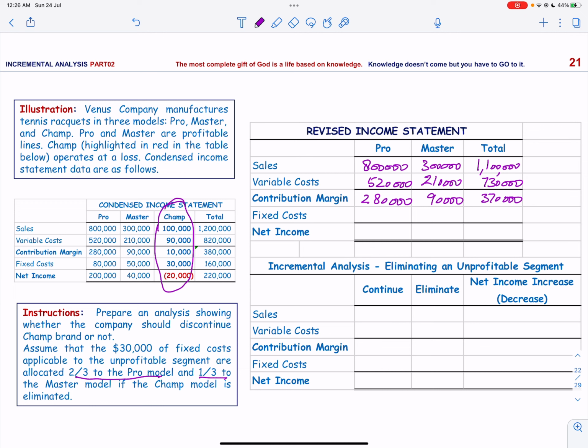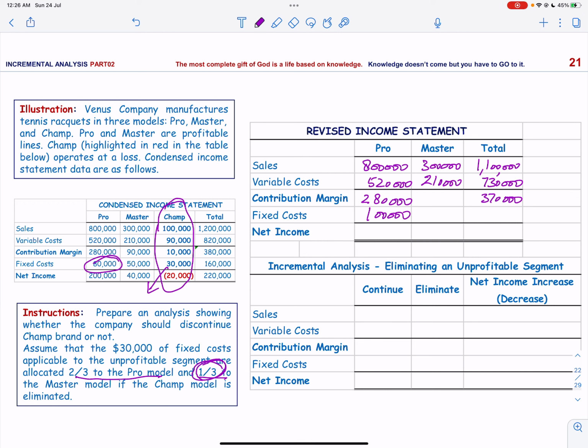The fixed cost for Pro is 80,000, but 2/3 of 30,000 will be allocated to Pro, so that makes 100,000, and 1/3 to Master, so that makes 60,000 now.